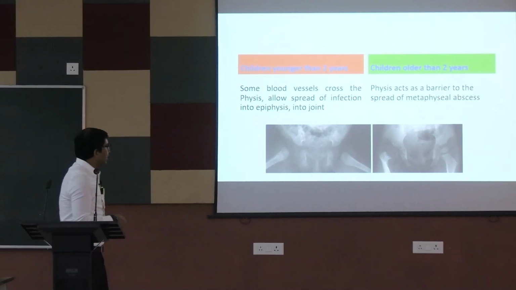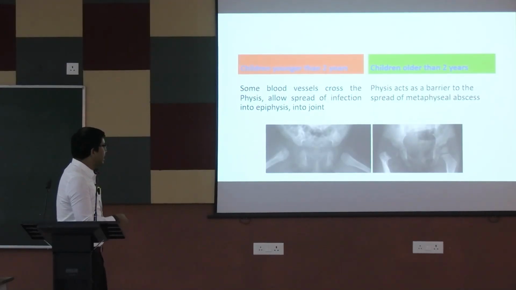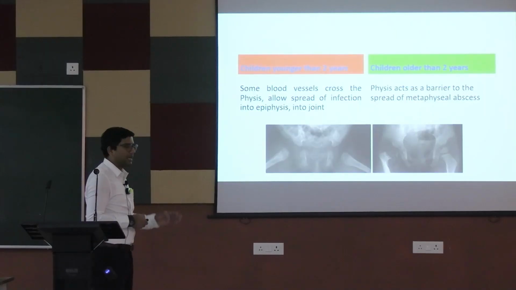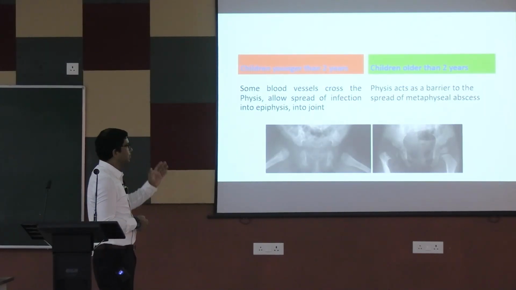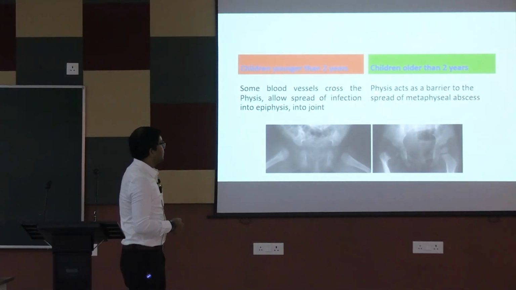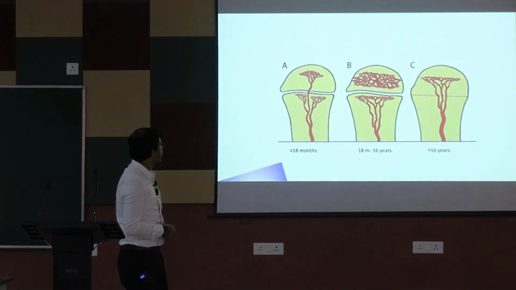But in children younger than 2 years, the blood vessels cross the physis. So any inflammation or infection that is present in the metaphysis can cross the physis and go into the epiphysis. But in children more than 2 years, these blood vessels are not there. So the physis acts as a barrier to the spread of the metaphyseal infection.